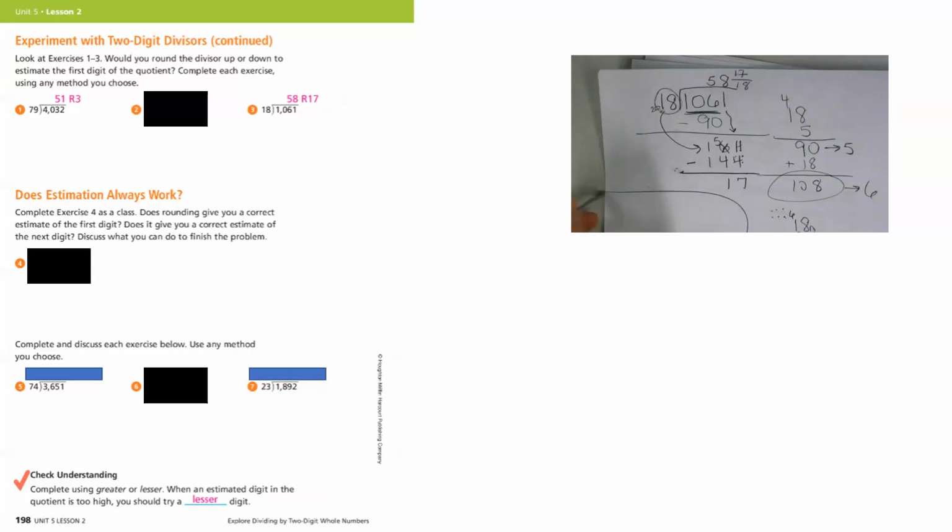58 with a remainder of 17, and you are going to use a lot of paper, and that's okay. I hope you guys are using scrap paper. It's ridiculous to think that you're going to fit all this in your page. Once you get a scrap piece of paper and let yourself just use paper, it'll start getting a little easier.